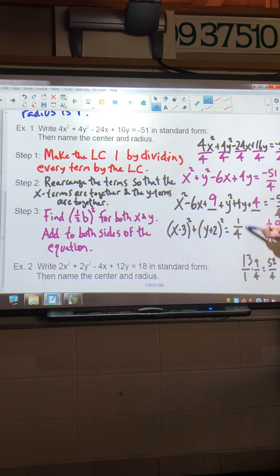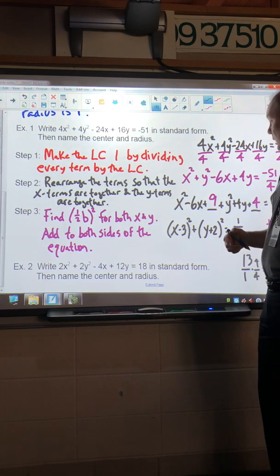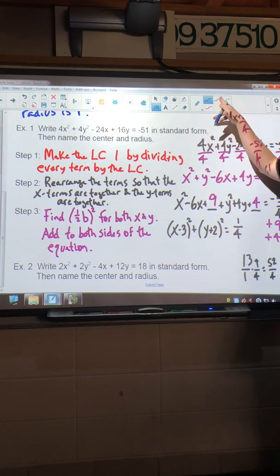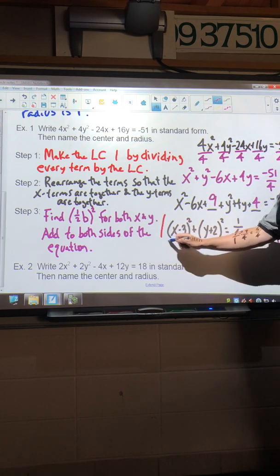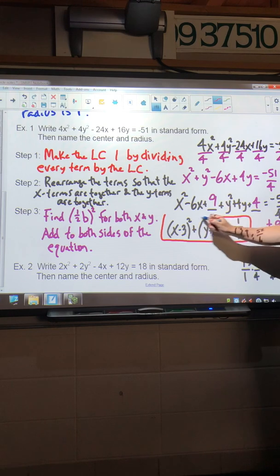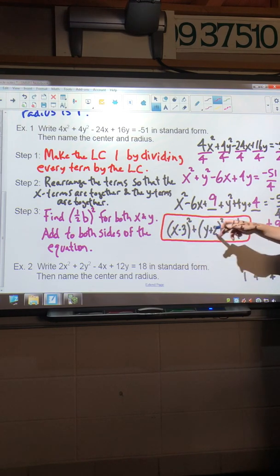And at the end here, r squared should always be positive. If somehow you end up with something negative over there, then go back and check your work because you made a mistake somewhere. Okay, so we got positive 1/4 for r squared. All right, so there's our equation in standard form: x minus h squared, y minus k squared equals r squared.